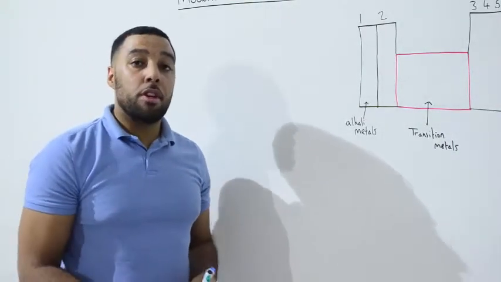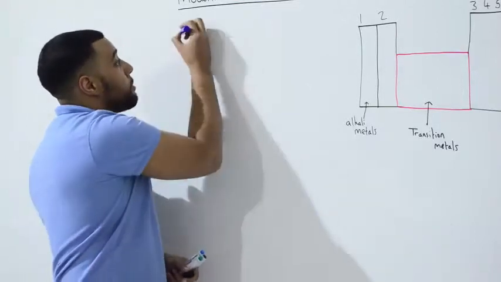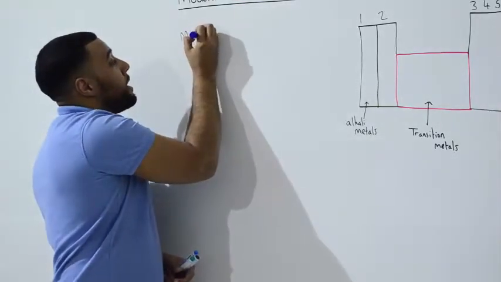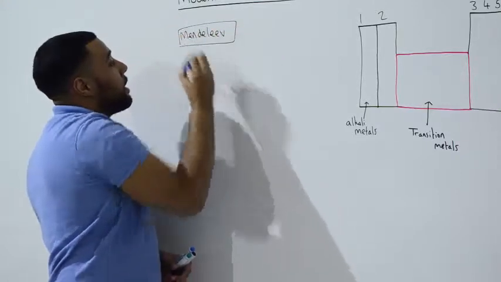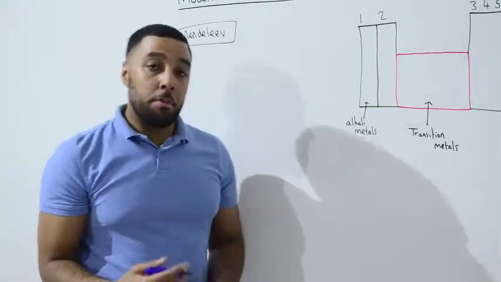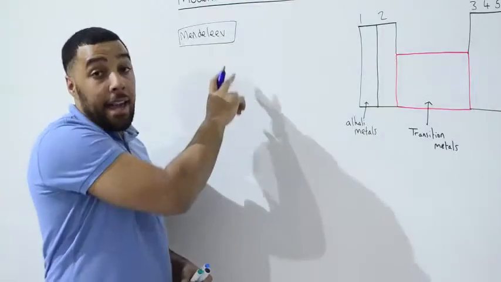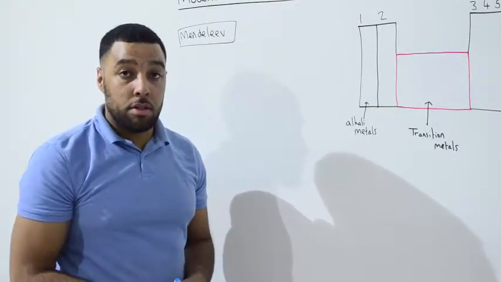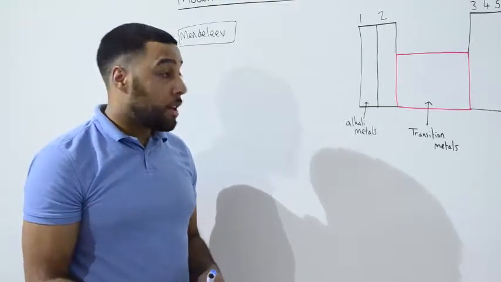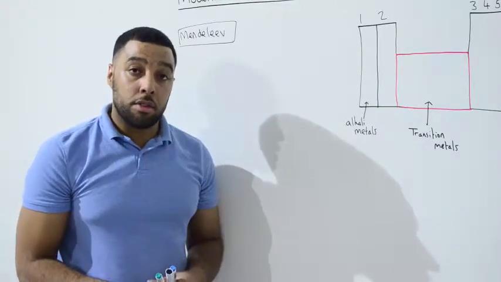In our previous video we saw that a scientist who goes by the name of Mendeleev made the contribution to the periodic table by ordering the elements according to their relative atomic masses. He also left gaps for undiscovered elements.